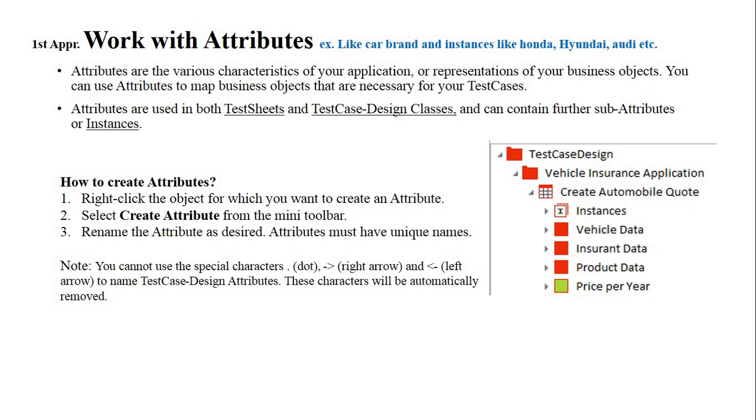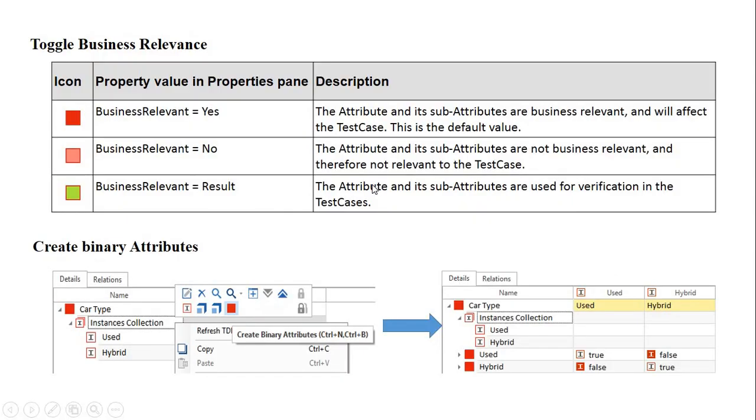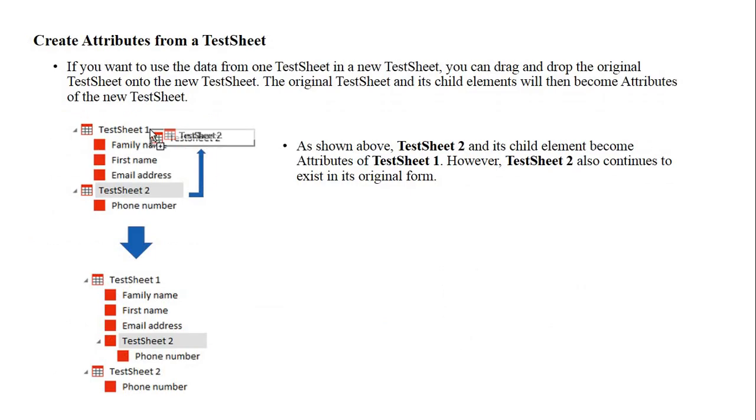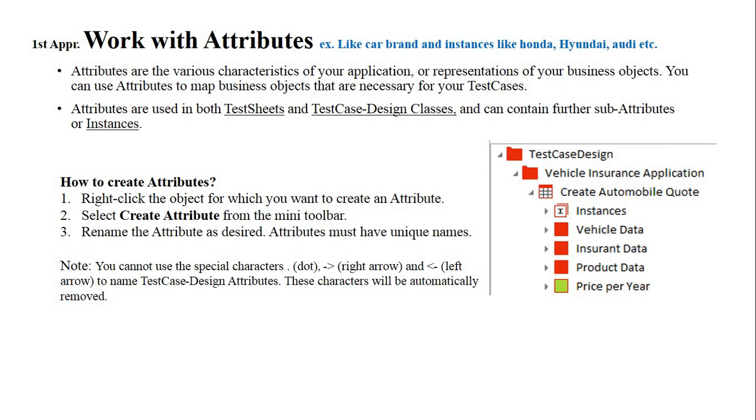In this lecture you are going to learn what an attribute is, how you can identify the attributes for your scenarios, what properties you have under the attributes, and how you can copy or create the attributes from the test sheets. So we are going to see all of this in this lecture.